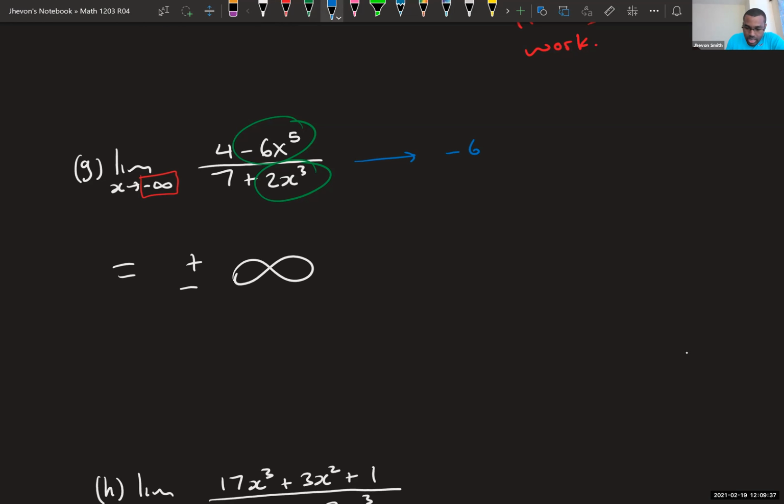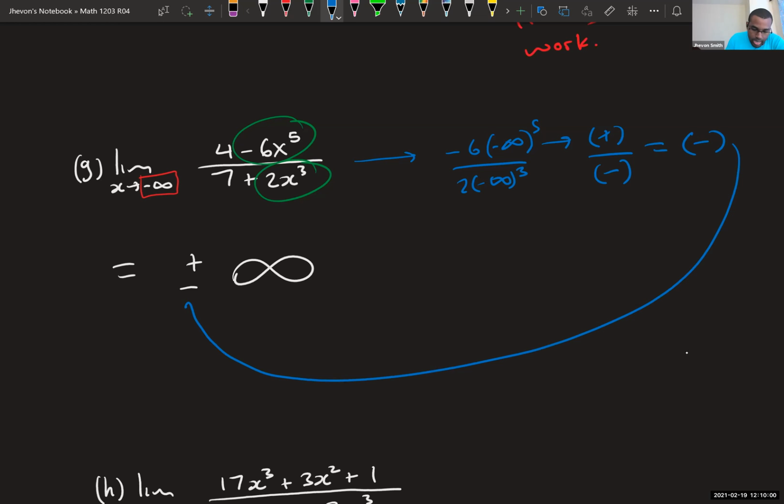If I have -6 times negative infinity to the 5, well, this is negative and that's negative, so this is a positive, okay? And in the denominator, I would have 2 times a negative infinity cubed. Okay, so that's going to be negative. And so that gives you a negative, which tells me that this is the right sign that I want to pick, right? Not that one.